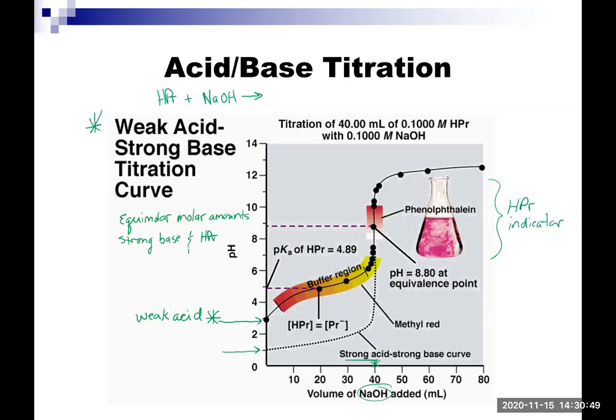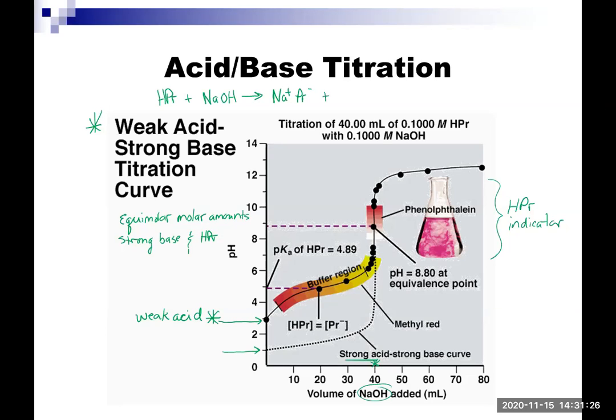And it's a one-way reaction because we just keep adding sodium hydroxide, so we can only go in one direction. But we're going to get the conjugate base of our HPR, which is going to be PR minus. And it's going to be hanging around with the positively charged sodium. So let's just put that sodium there, even though the sodium really has nothing to do with the acid-base chemistry here. But we have this Na plus, which is going to hang around this PR minus, our conjugate.